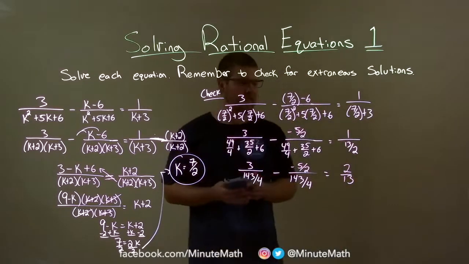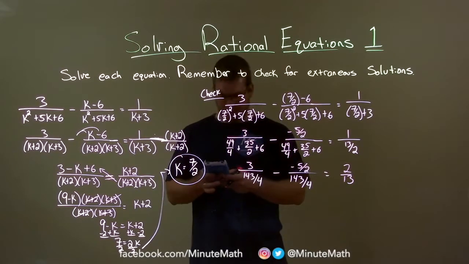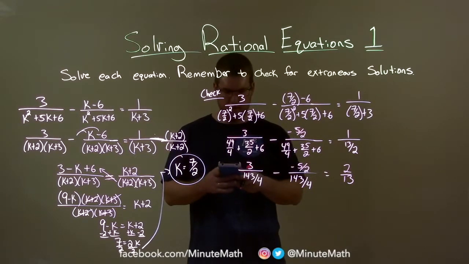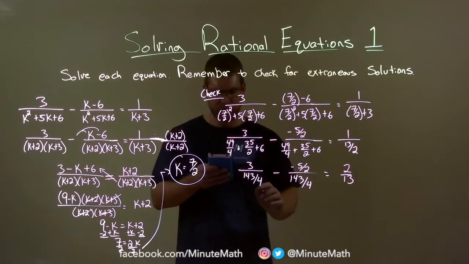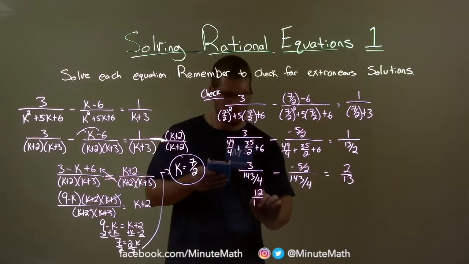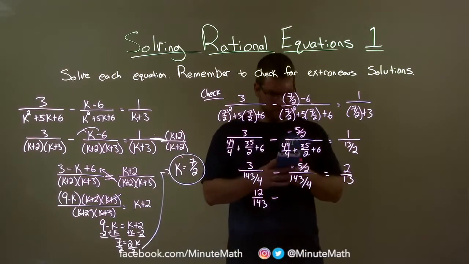It's funny when you have a calculator, you always got to double check, right? So simplify this fraction. 3 divided by 143 divided by 4, and we need an extra parenthesis there. And we have a fraction of 12 over 143 minus, well, negative 5 halves divided by 143 divided by 4.